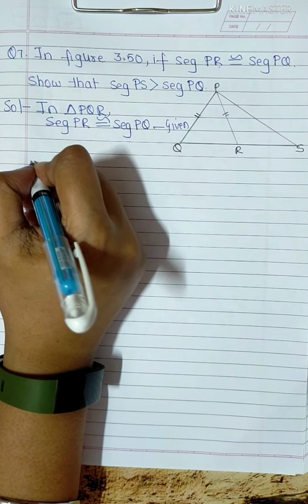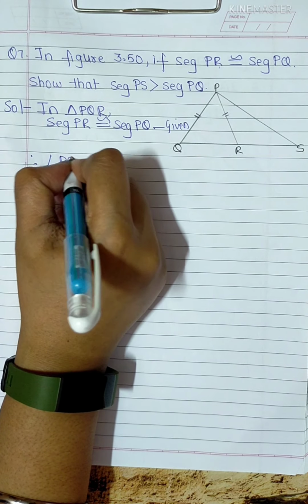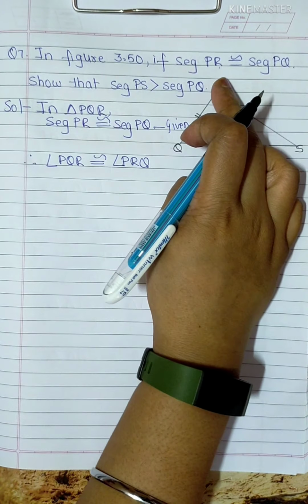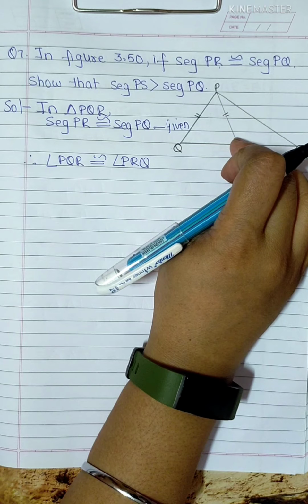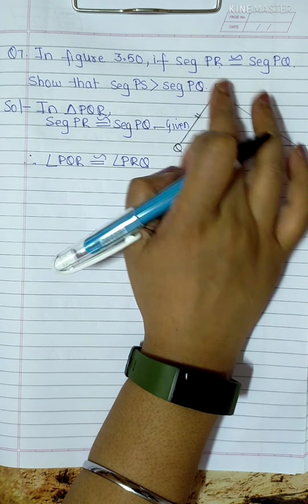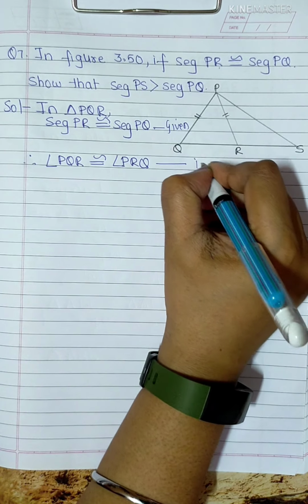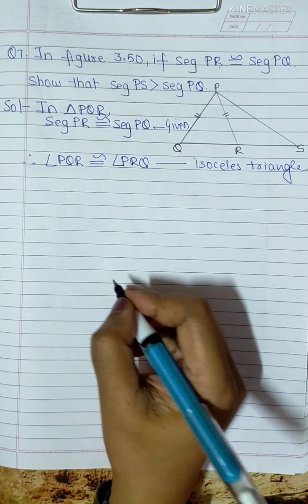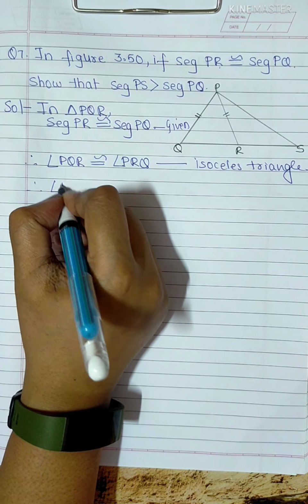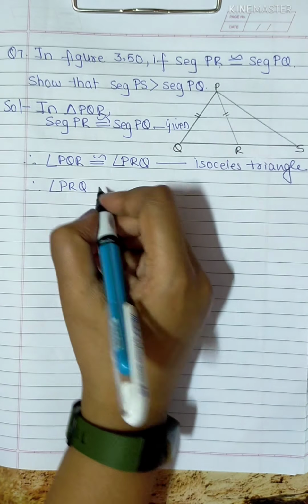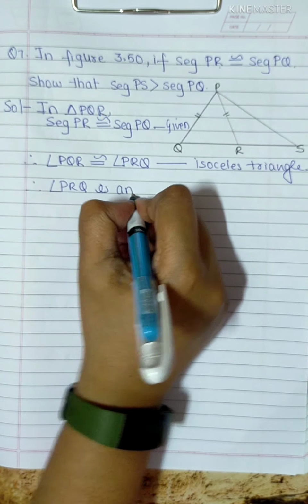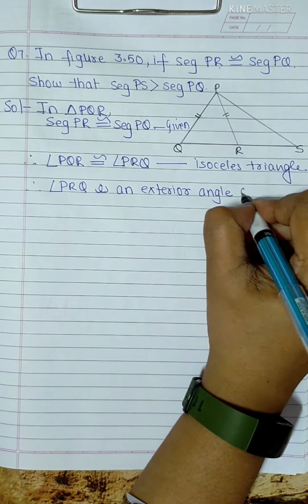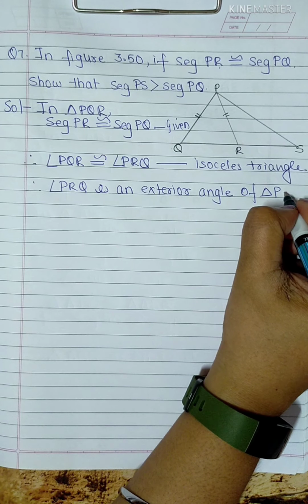Now, therefore, angle PQR is congruent to PRQ. Reason is isosceles triangle. Now therefore angle PRQ is an exterior angle of triangle PRS.